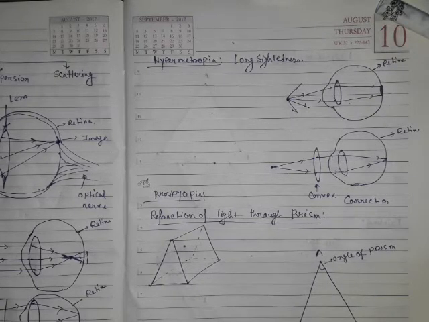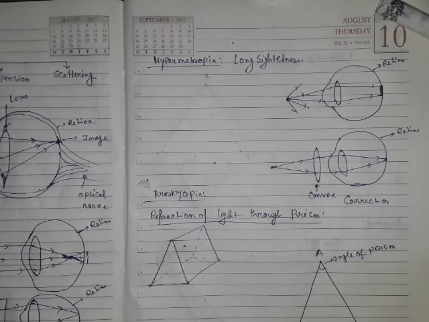That can be a cause for myopia or hypermetropia. So when some of these things happen to your eyes, it actually causes myopia or hypermetropia.